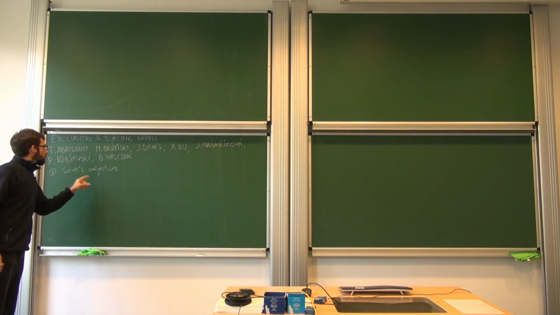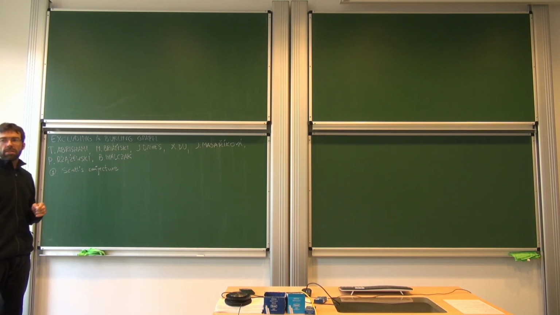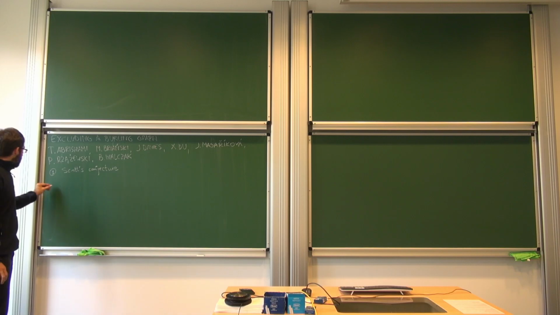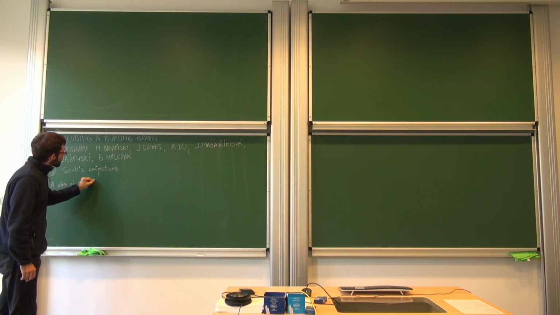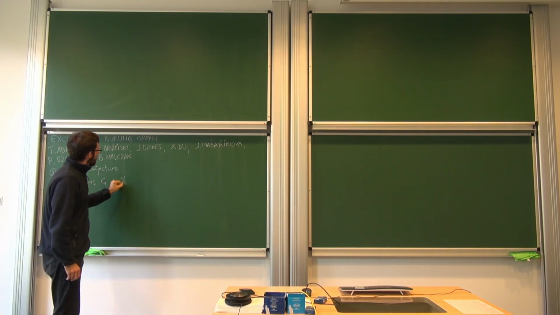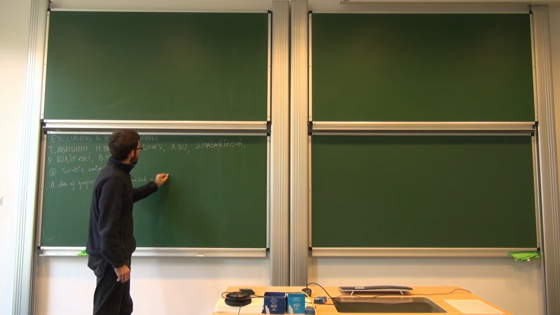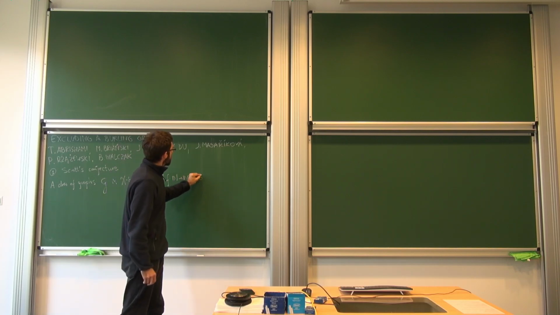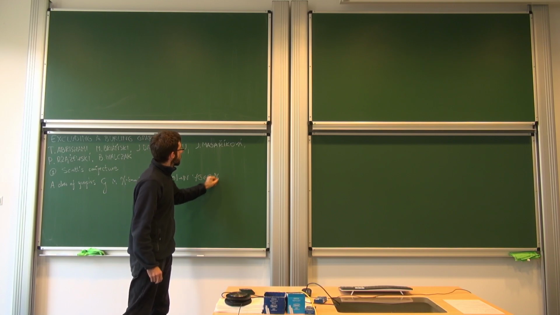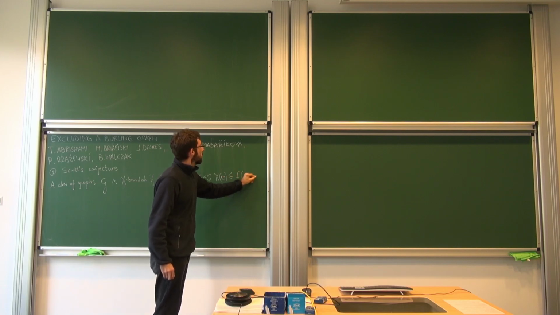Before formulating the conjecture, let me give you this definition: a class of graphs G is chi-bounded if there is a function with the property that for every graph in the class, the chromatic number of the graph is bounded from above by that function of the clique number.